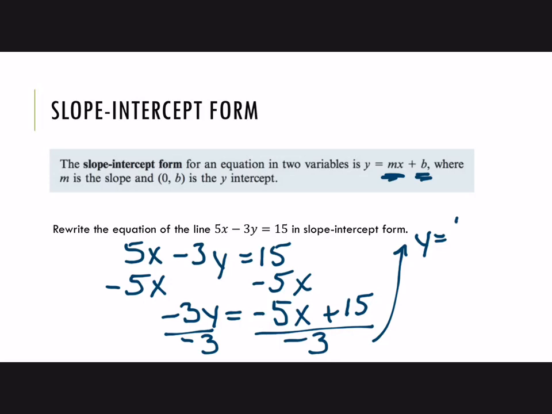The negatives cancel, that's 5/3 x, and I'm not going to bother to rewrite that as a mixed number, so I'm going to leave it. And then 15 divided by negative 3 is negative 5. So the slope for this line is just whatever you see multiplied by x, or 5/3.